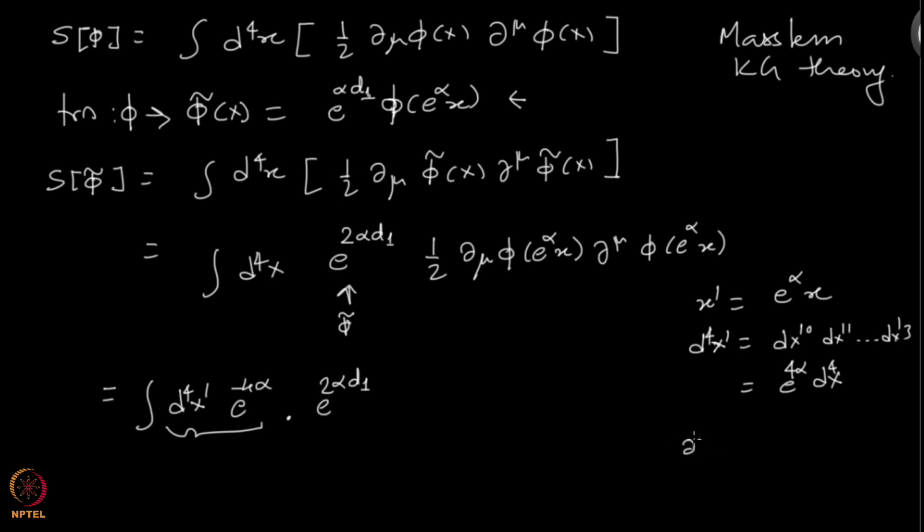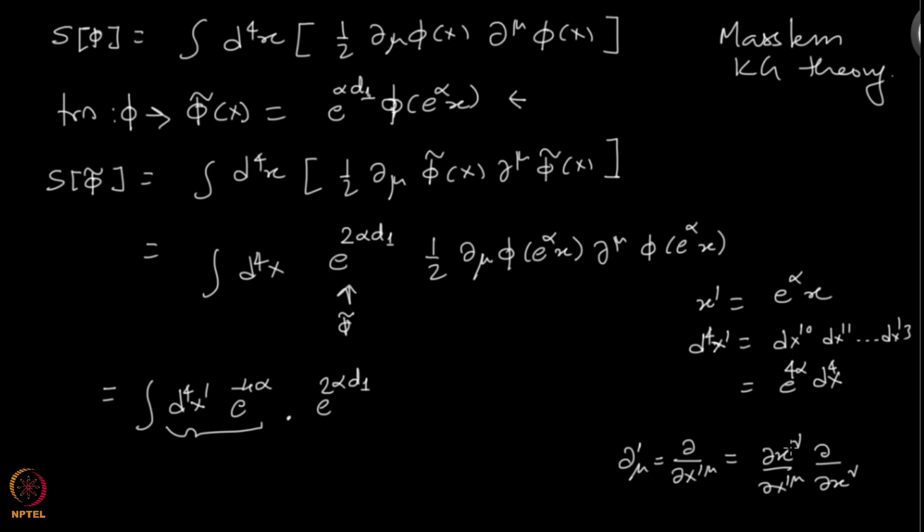Remember that it's del over del x prime mu, which is del mu prime basically. I have done this before, using the chain rule, and there is a summation over nu.